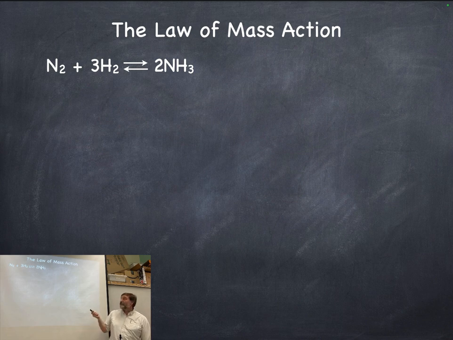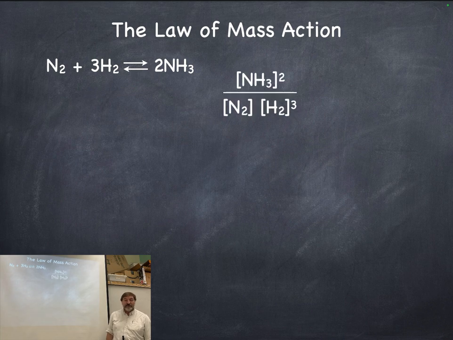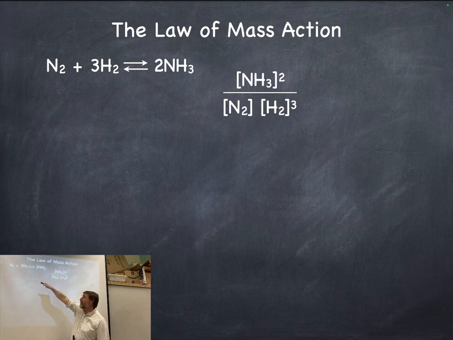And we take those products and we divide by those same values for the reactants. So the law of mass action for this chemical reaction says take the concentration, square brackets, of ammonia to the second power, coefficient is 2, and divide it by the reactants, the nitrogen to the first power, coefficient of 1, the hydrogen to the third power, coefficient of 3.